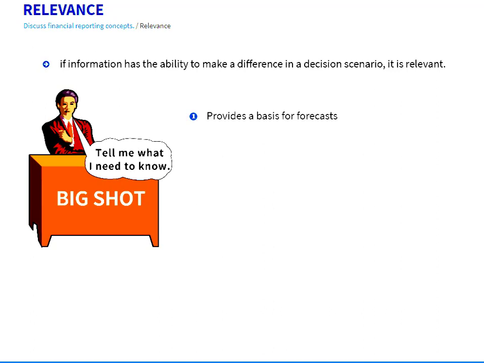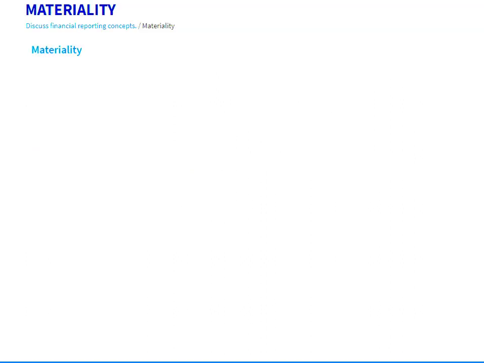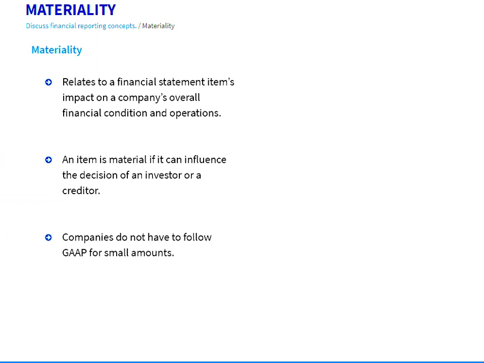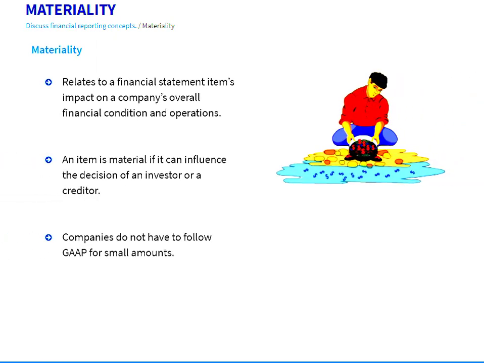Relevance. If the information has the ability to make a difference in a decision scenario, it is relevant. An item is material if it can influence the decision of an investor or creditor. Reliability.